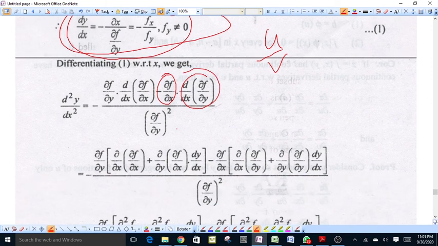This will be equal to ∂f/∂y, and this total derivative, by using the above theorem, is ∂/∂x of ∂f/∂x plus ∂/∂y of ∂f/∂x into dy/dx. Similarly, this can be written as ∂f/∂x as it is, and the total derivative of ∂f/∂y, that is ∂/∂x of ∂f/∂y plus ∂/∂y of ∂f/∂y into dy/dx.